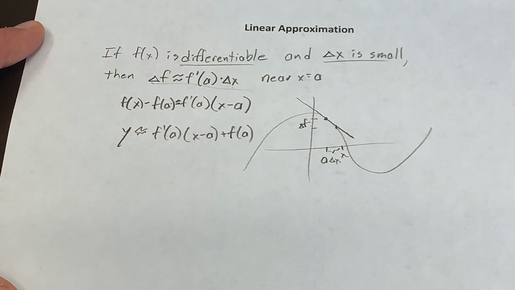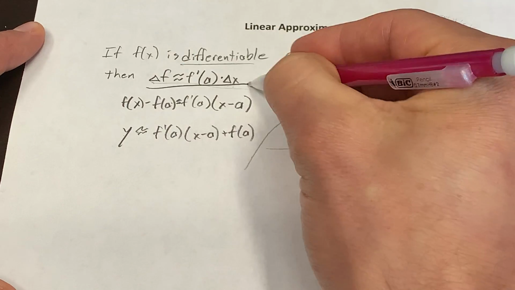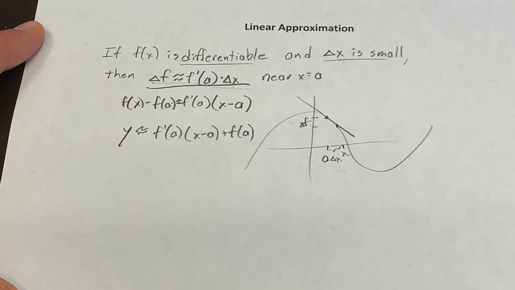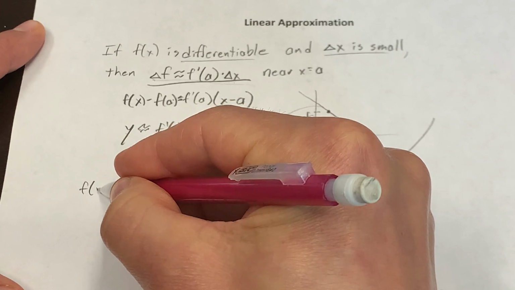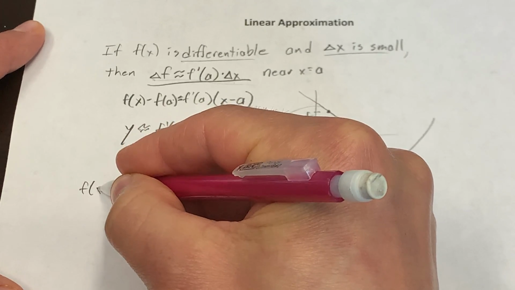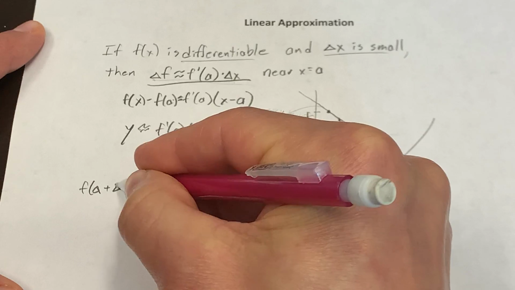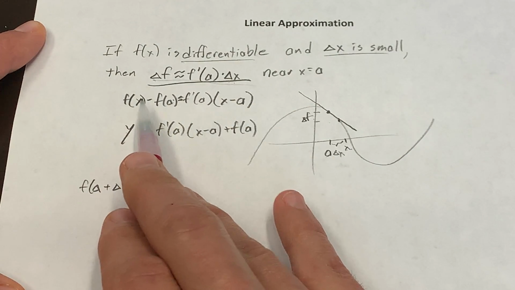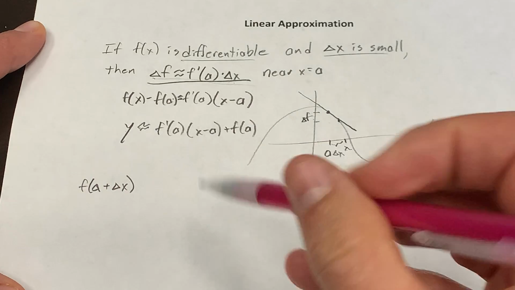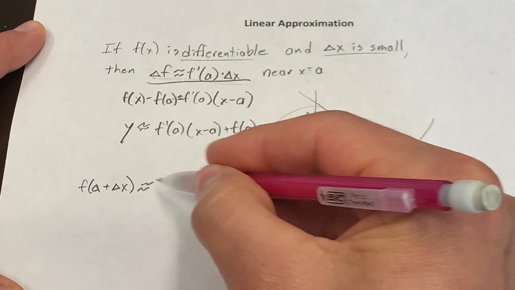Works pretty well. So this equation here, that approximation, is pretty handy. Sometimes we'll also see something like f of a plus delta x, right? So that would be sort of this new point. Well, what's it supposed to be approximately?